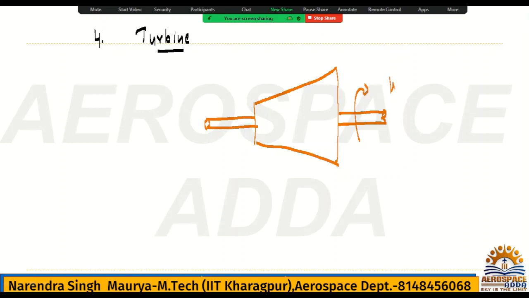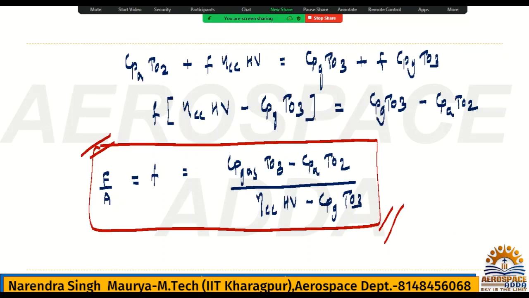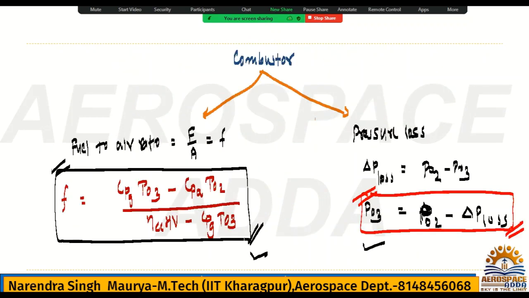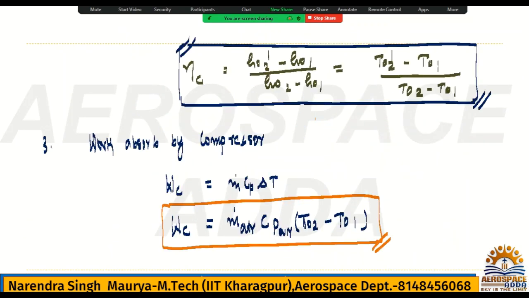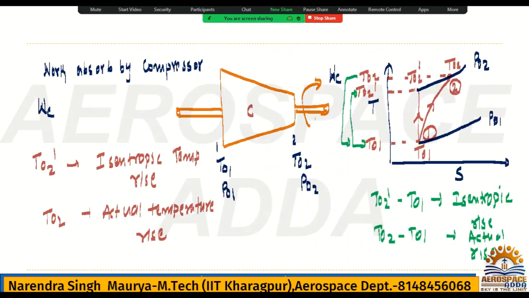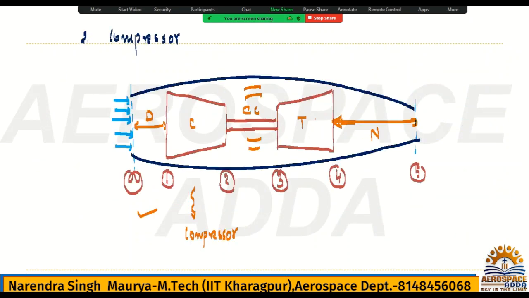It is producing work. So it's a work producing device, mechanical device. Please go back and check the numbering. So I think it is 3 to 4. Check turbine. Turbine is 3 to 4.